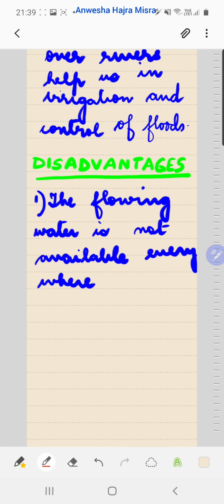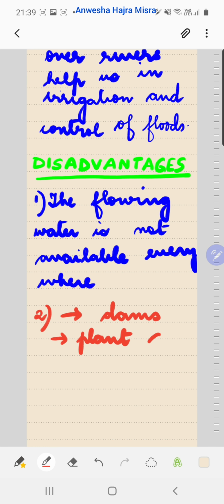Number 2, due to the construction of dams, plant and animal life is destroyed.